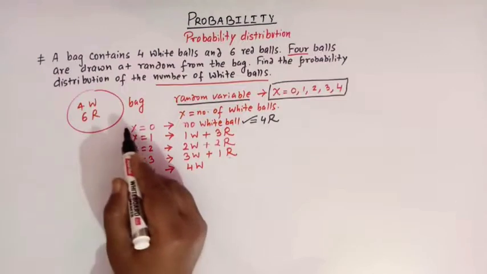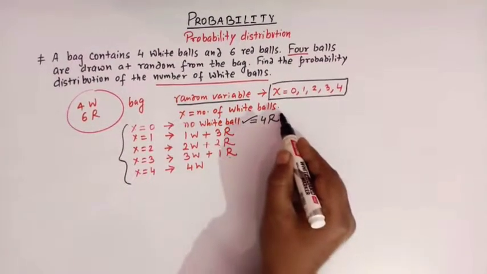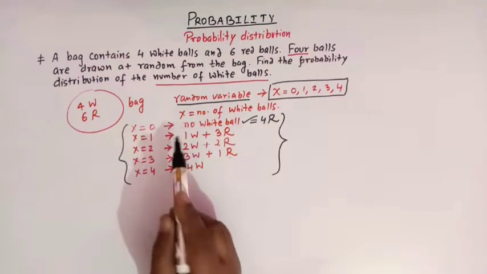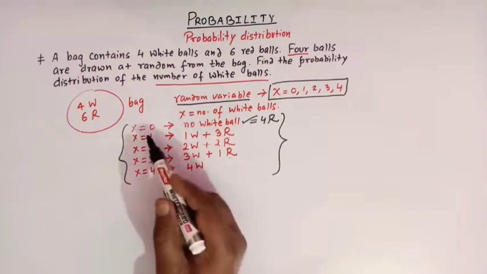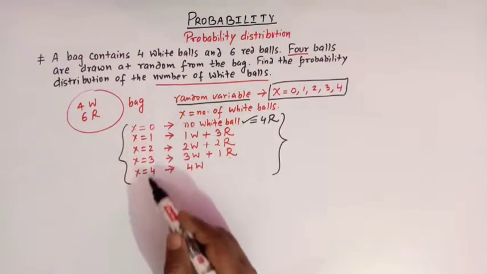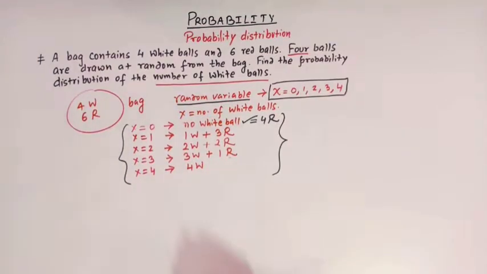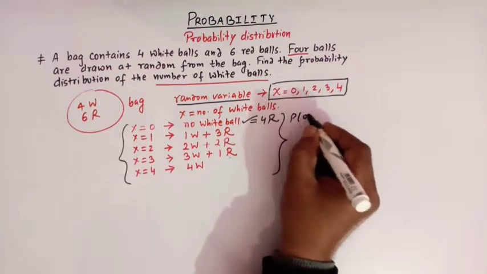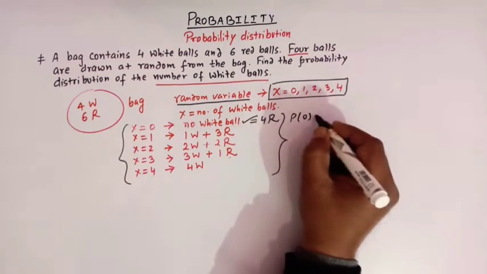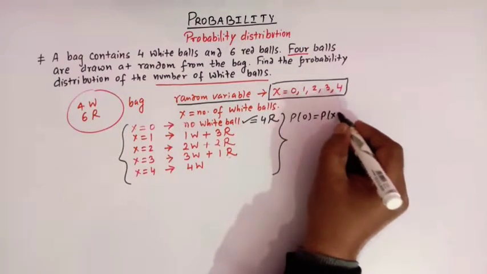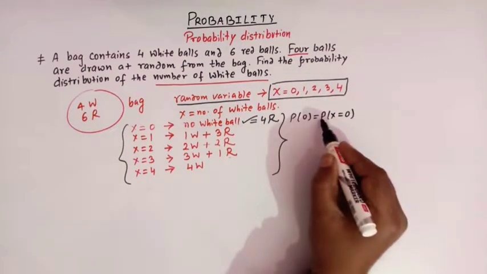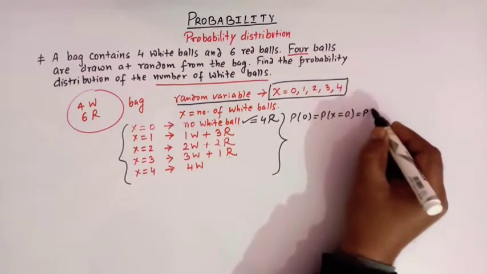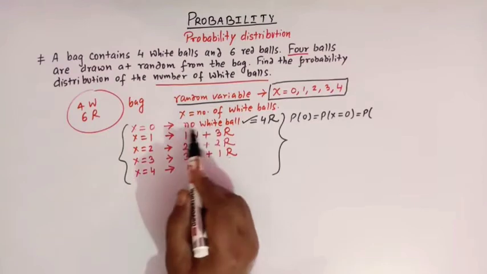Now we have to find the probability of obtaining the white balls in all these 5 cases. So now we have to find P(0), or we can also write it as P(x = 0). P(x = 0) means none of the balls is a white ball.